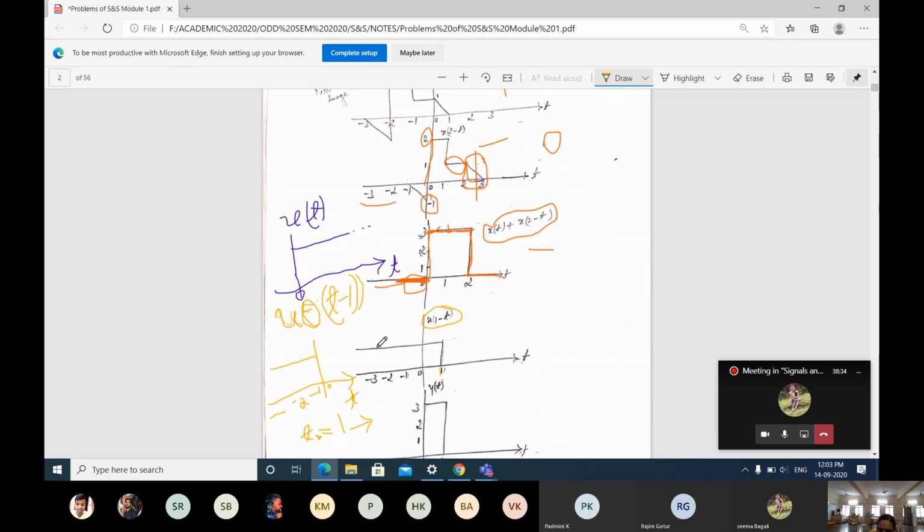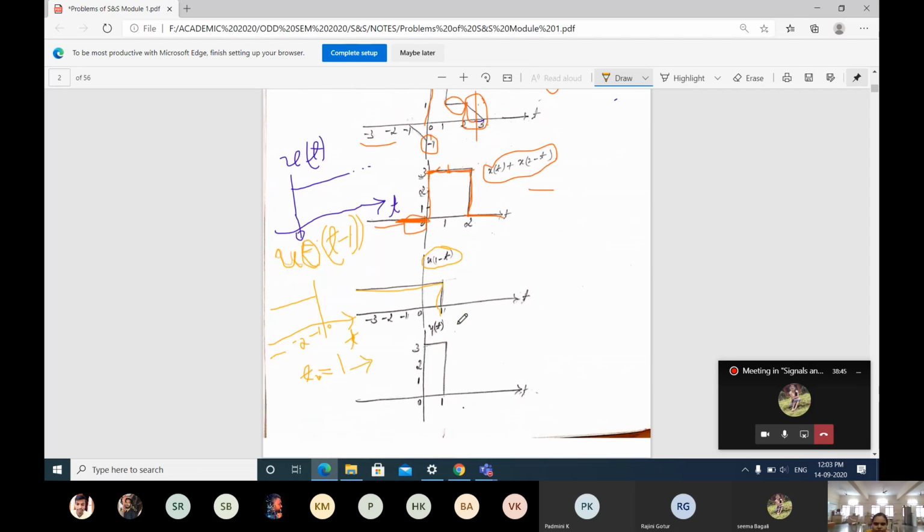Correct? It is shifted and we drew the signal, same as it is. That is your u of 1 minus t. This is our x of t plus x of 2 minus t signal, and here it is the u of 1 minus t signal.